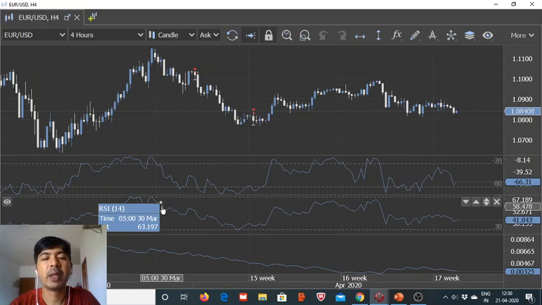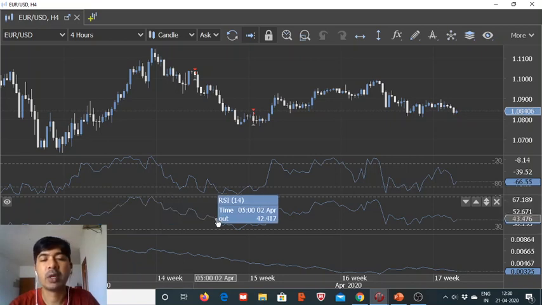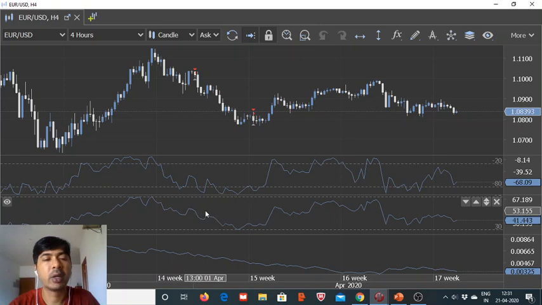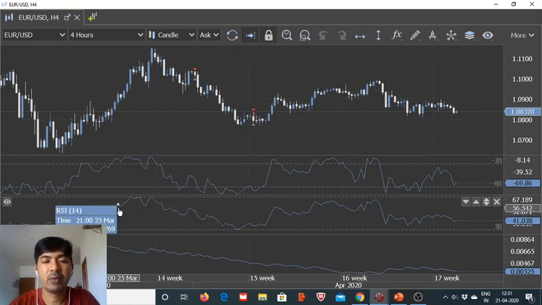So we will be comparing, and if the values are falling, then we are going to look for a sell trade. But apart from that, we also need the last candle closing RSI value to be below 50 for a sell trade, and it should be above 50 for a buy trade.